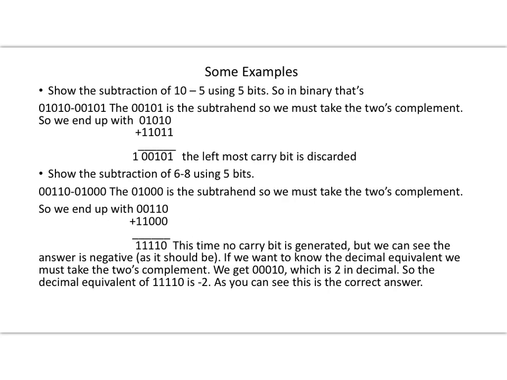Here are two examples of subtraction. So the first one is 10 minus 5, and we're using 5 bits. So this number right here, this is the number 10 expressed in binary, and this is the number 5 expressed in binary.